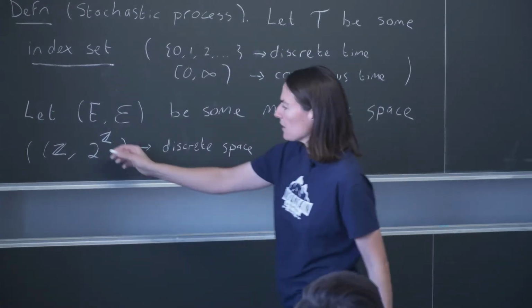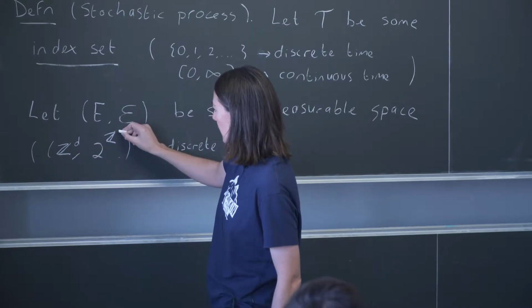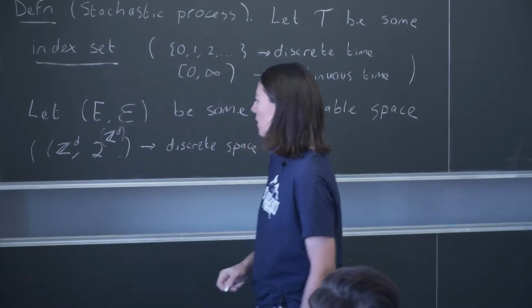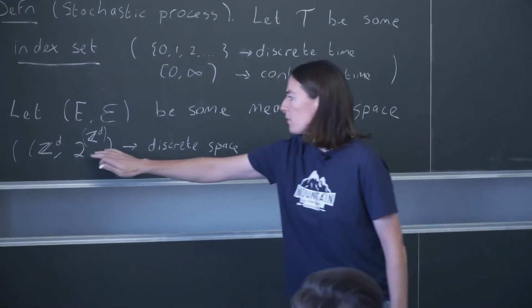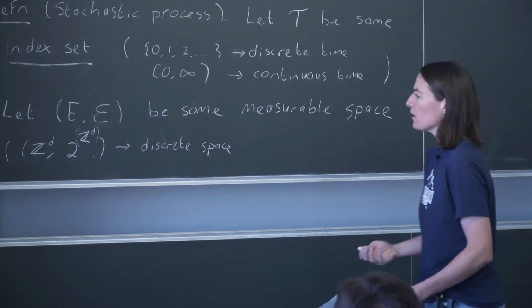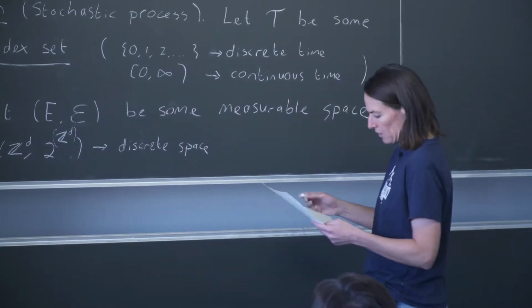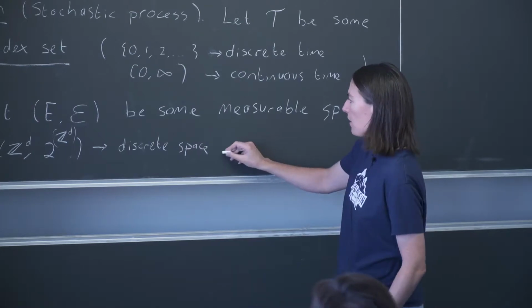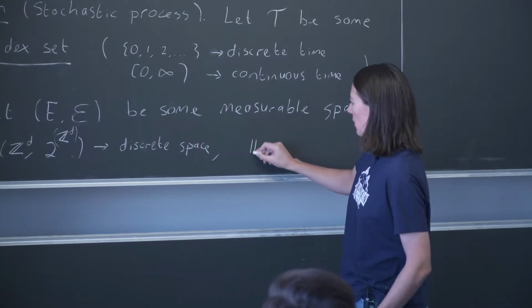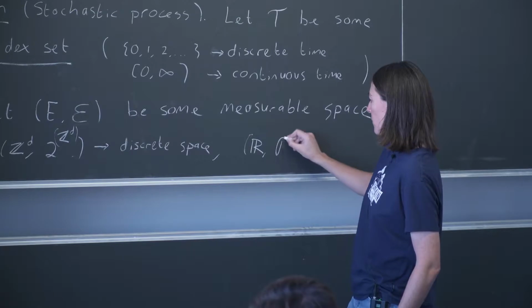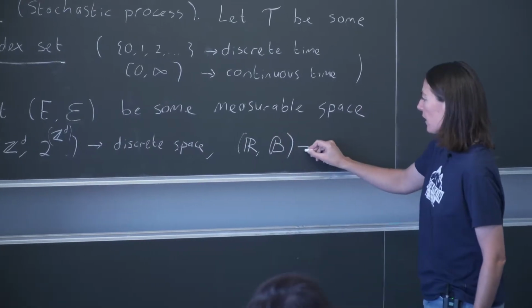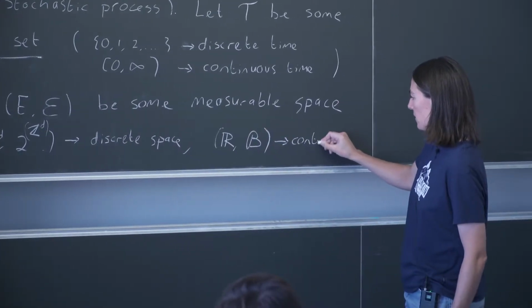Or we can even take this in higher dimensions. Maybe we want Z to the d and the associated power set sigma algebra on that. So that's a discrete space to have in mind. Or we could take the reals together with the Borel sigma algebra, and that can be continuous space.